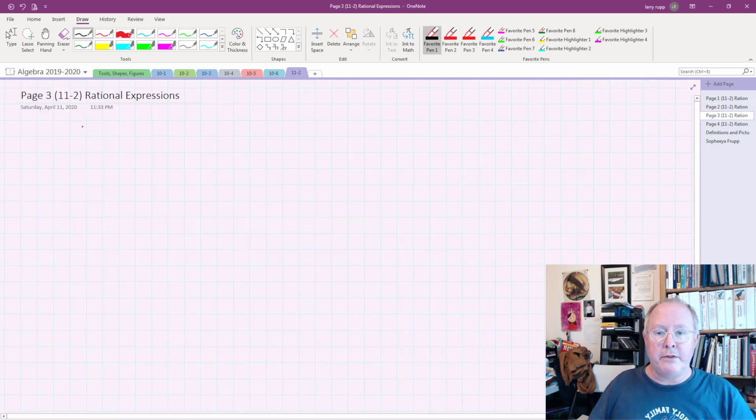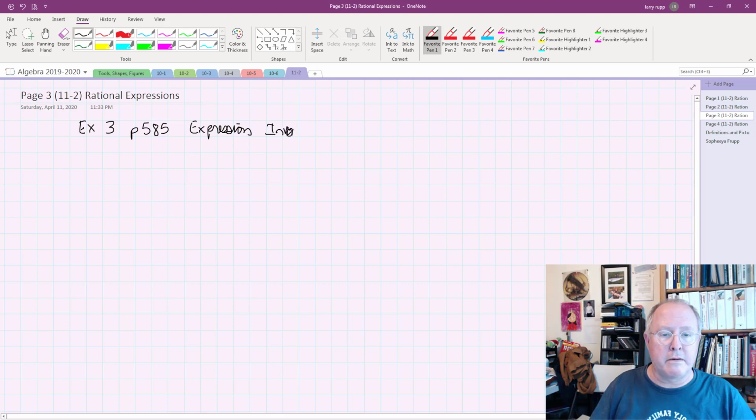Now let's do example 3. Example 3 is going to be on page 585. And this is going to be an example of an expression involving monomials.